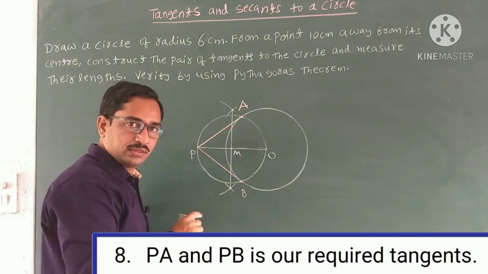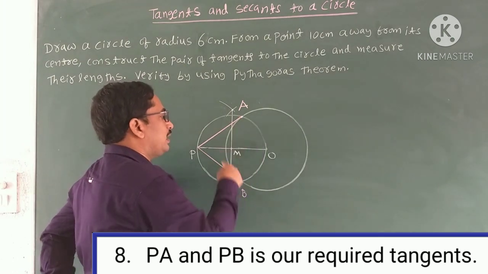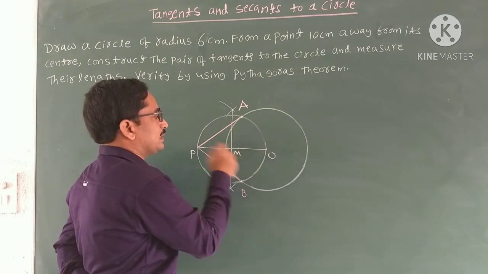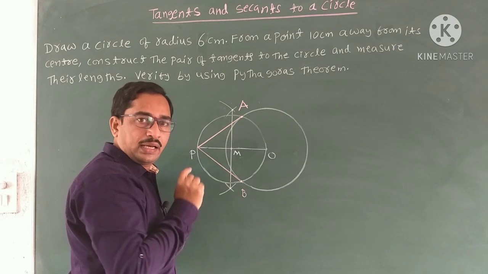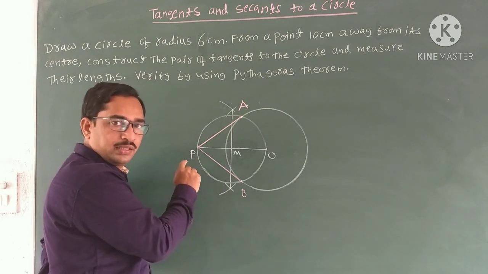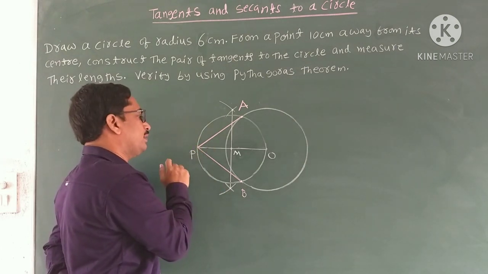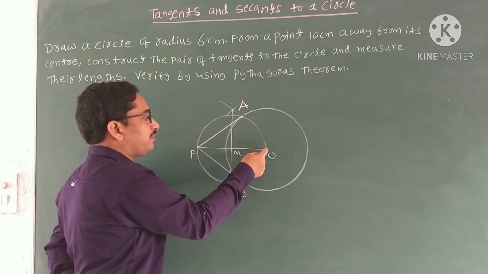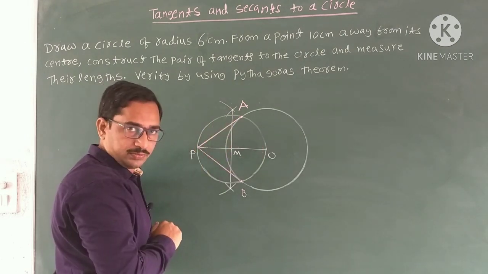See once again the construction. First draw a circle of radius 6 centimeters. Next locate a point P outside the circle which is 10 centimeters away from the center of the circle.